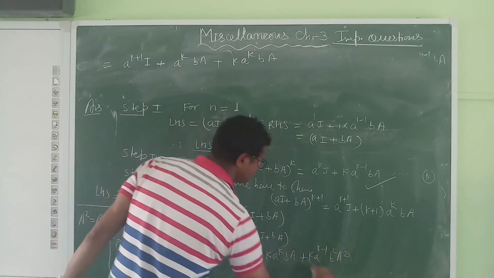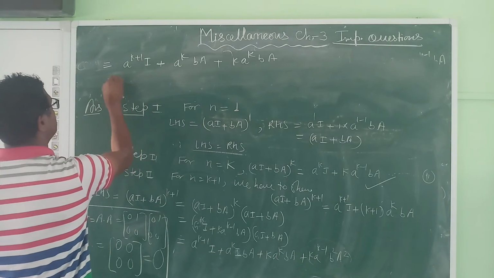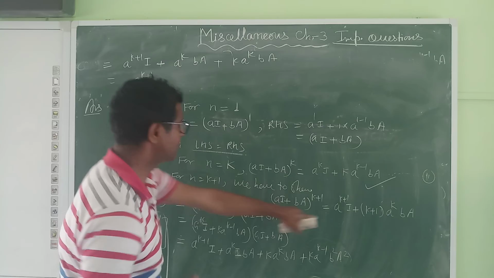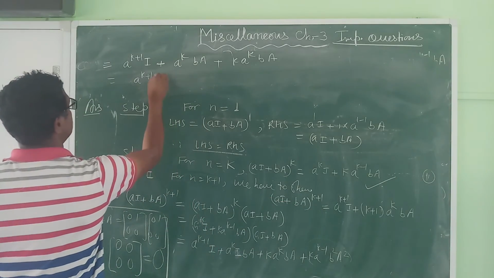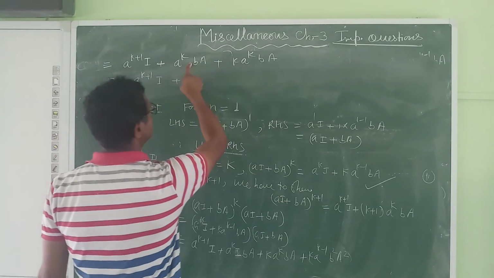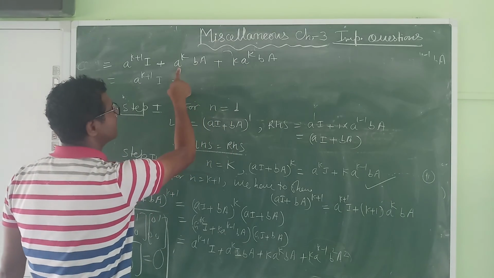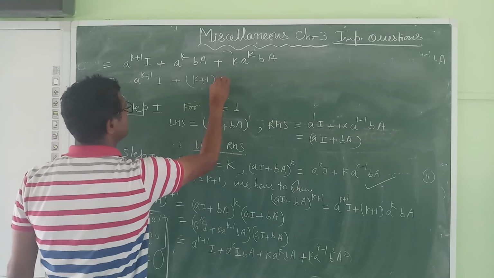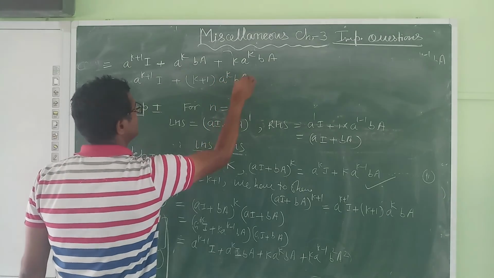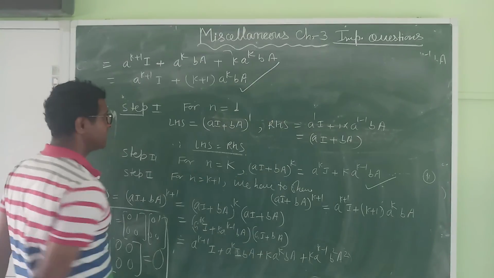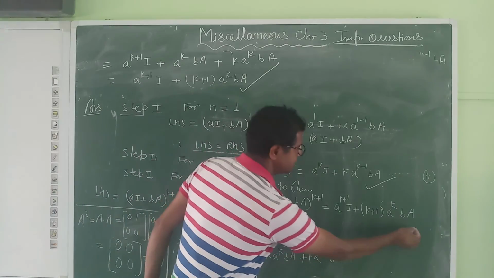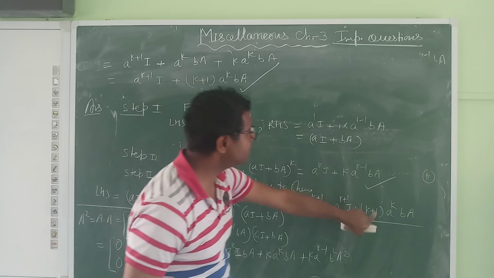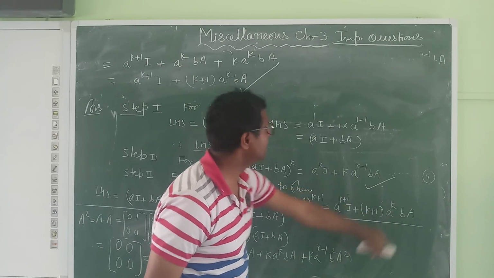Okay, this is 0. Means a^(k+1) I, we have to prove this. I plus what is common in second and third term? a^k bA is common. So what will be (k+1) a^k bA. Hence proved. Because we have to prove in the third step this a^(k+1) I plus (k+1) a^k bA.